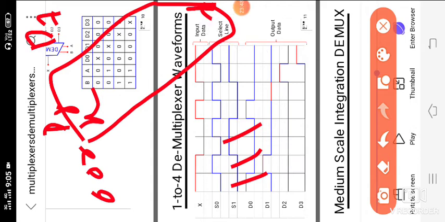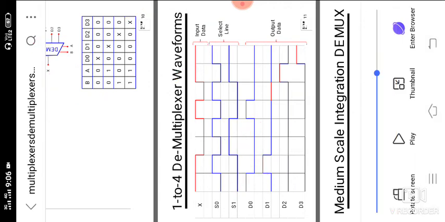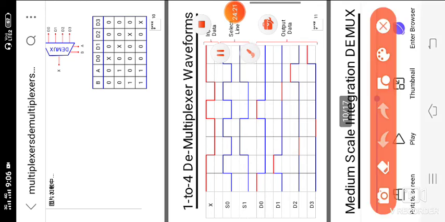In the same manner, in mux we discussed 2 into 1 mux, next 4 into 1 mux, next 8 into 1 mux, and next 10 into 4, that means BCD to binary. The reverse operation is obtained in demux also.